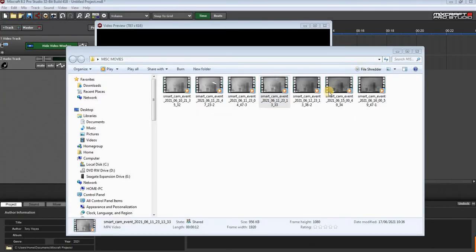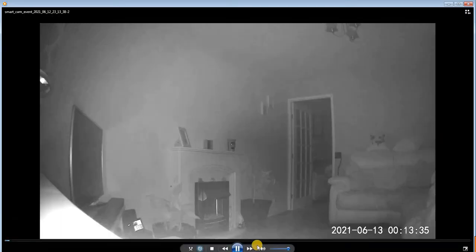The day after, exactly 24 hours later, it's exactly 24 hours. This is now the 13th. That's a hell of a coincidence, down to the second, that the dust is moving, and it is dust.